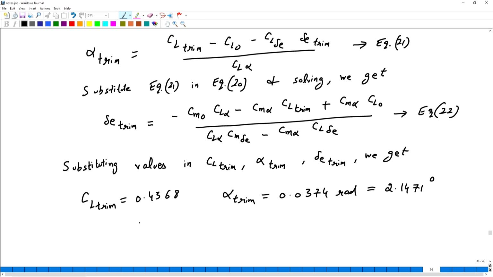And delta E trim, we get minus 0.07643 radians, minus 4.3791 degrees. So here delta E trim will remain constant throughout the simulation, and the initial angle of attack we can consider as 2.1471 degrees.